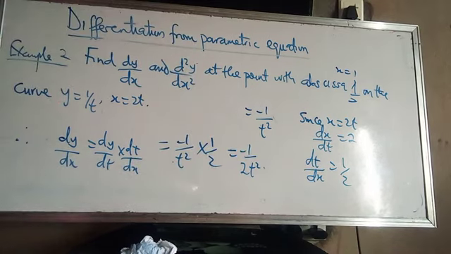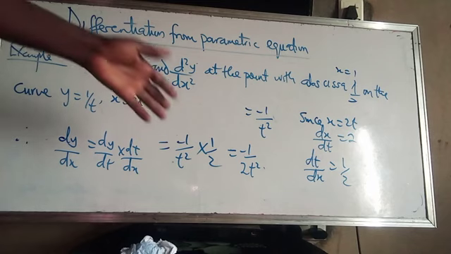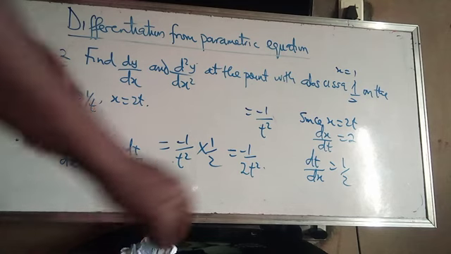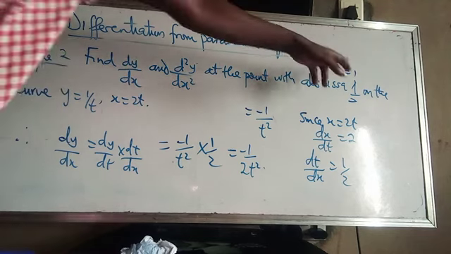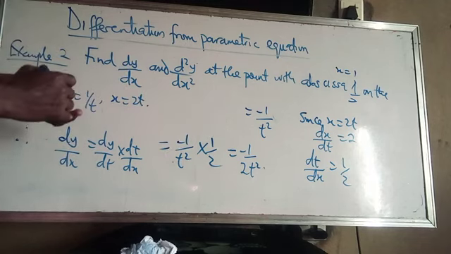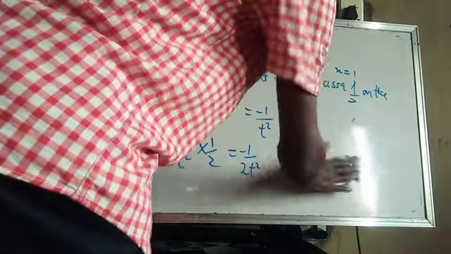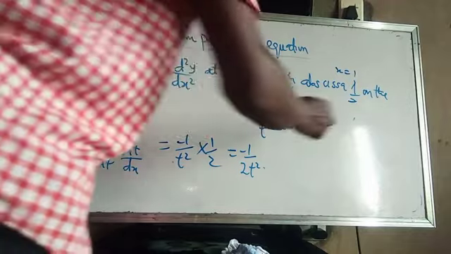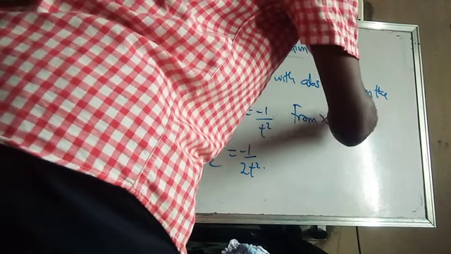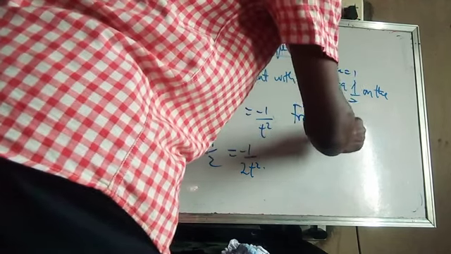Fine, beautiful. Now, in the given expression, our x is equal to 1, because we have to replace this t. From x equals 2t, we have 1 equals 2t.